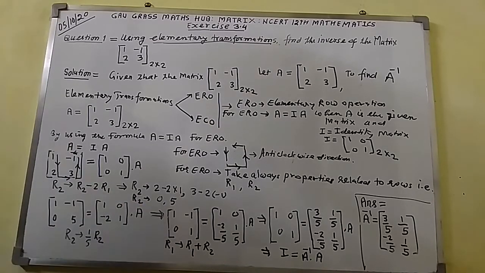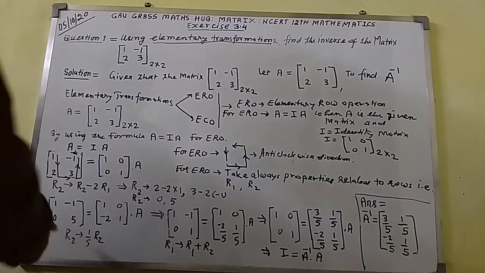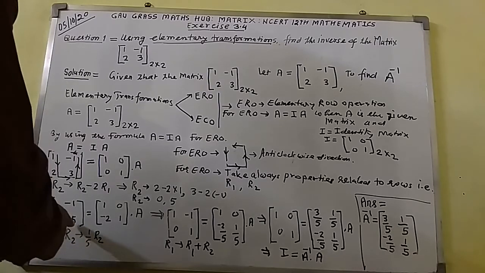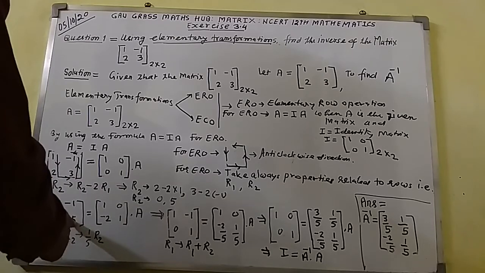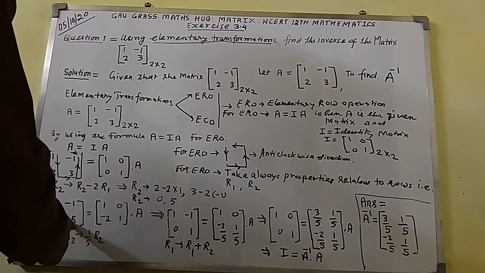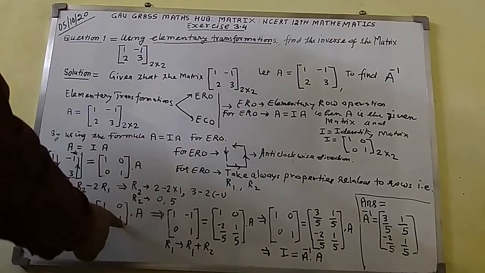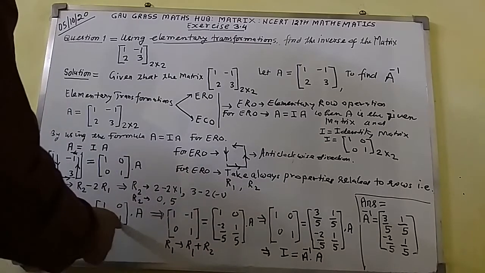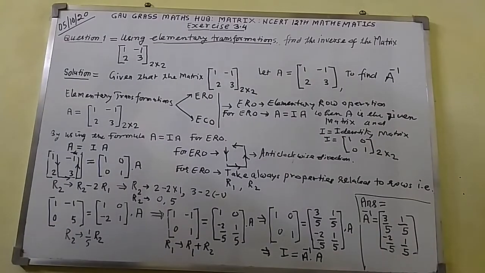In the second row, 0 divided by 5 comes out to 0, and 5 divided by 5 comes out to 1. Here also the same changes will occur, so here minus 2 over 5, and here 1 over 5.